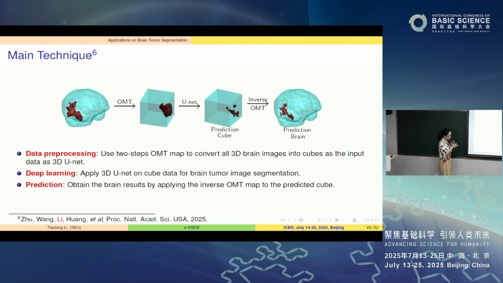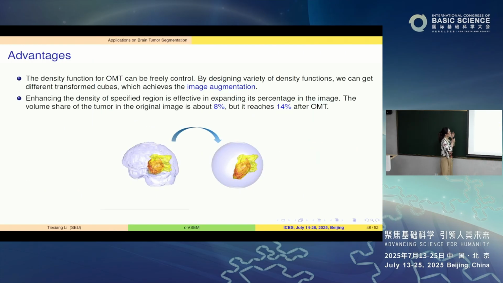So why do we use the OMT here? The advantage is in this process, let's see the first OMT map. We map this 3D irregular brain to a ball.